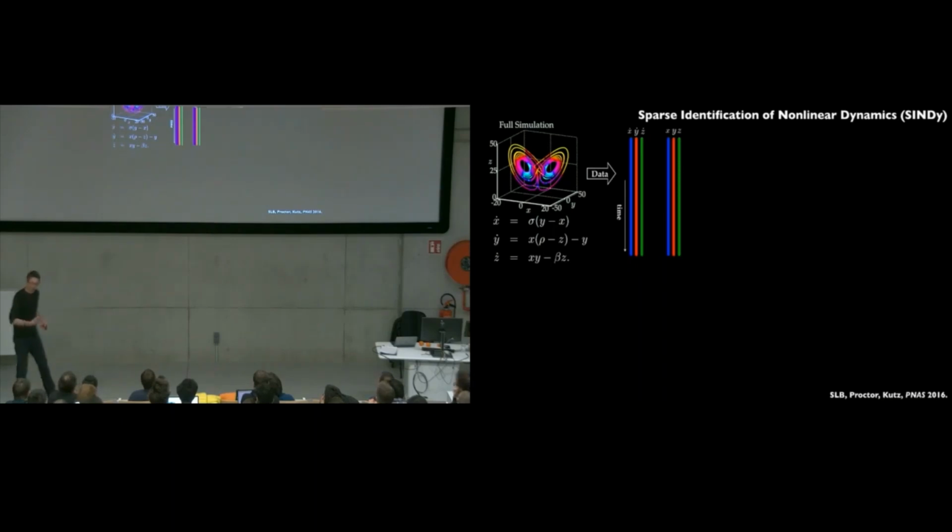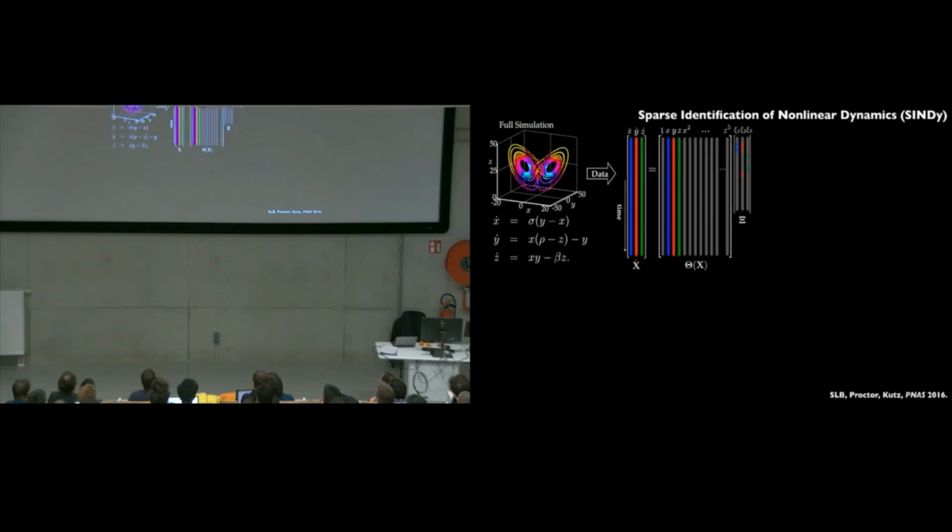Building on this idea of doing a linear regression on data, we're going to augment the right-hand side with a library that includes nonlinear functions of our state, similar to what we did when we were trying to find Koopman operator eigenfunctions. We assume there's some space of functions theta, and that my right-hand dynamics can be written as a linear combination of columns of theta.